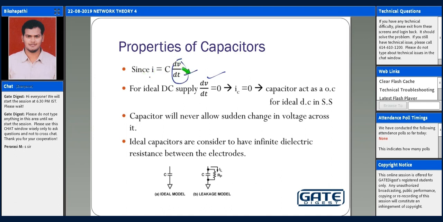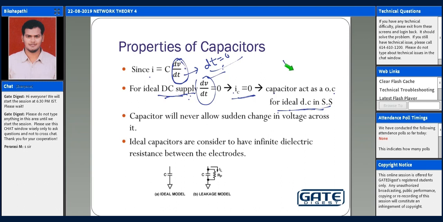I will explain this point later, but here I want to say that for a DC supply dV by dt is 0. So in that case IC is 0, and the capacitor acts as an open circuit for ideal DC in steady state.